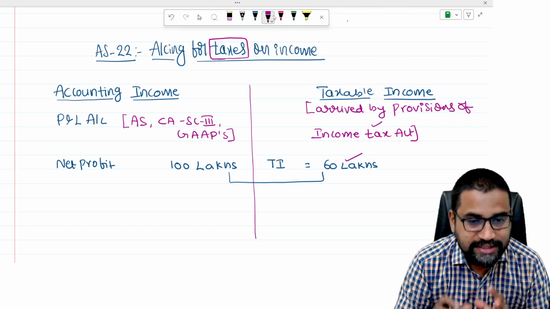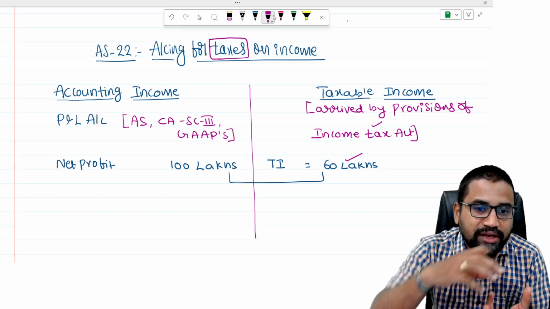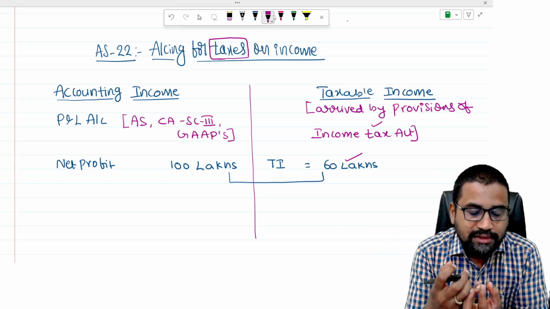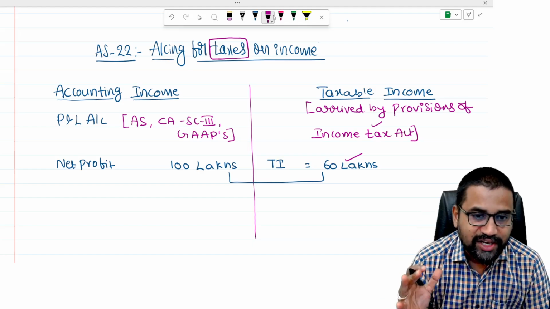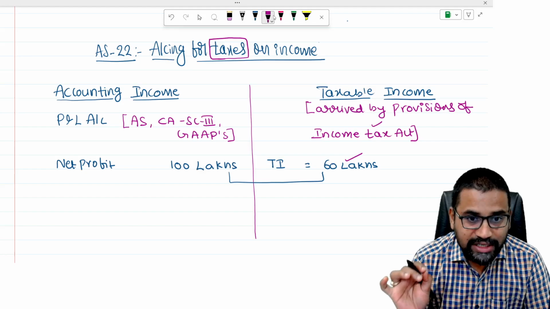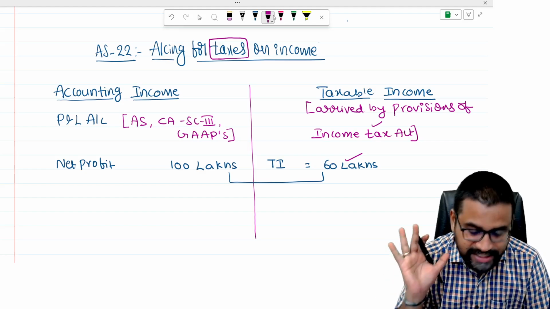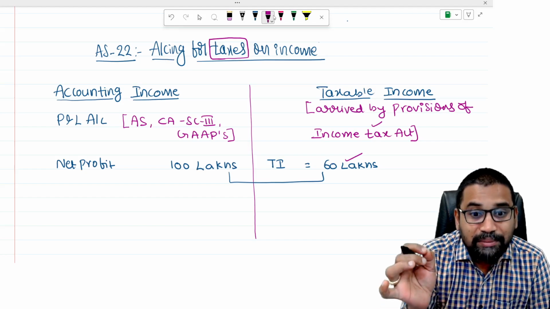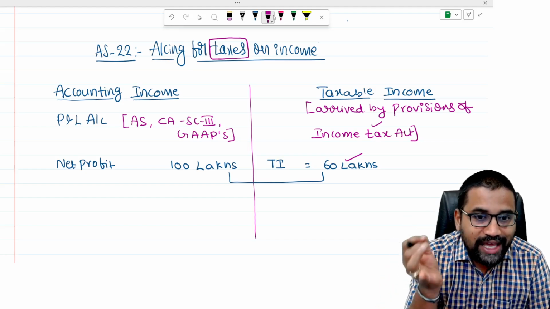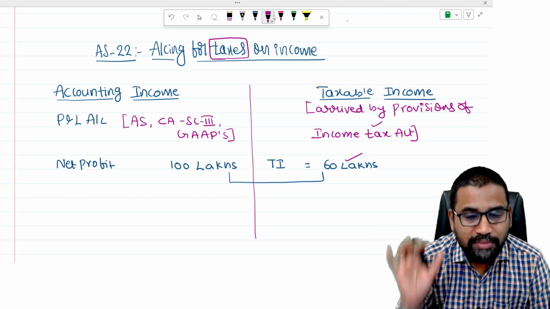Because this standard is nothing but the comparison between accounting and taxes. So it is inevitable that you should have a basic understanding of the Income Tax Act. Of course, I will try to explain to the extent possible, but in spite of that, if you want a better grip of this standard, you should have a little knowledge about the Income Tax Act also.